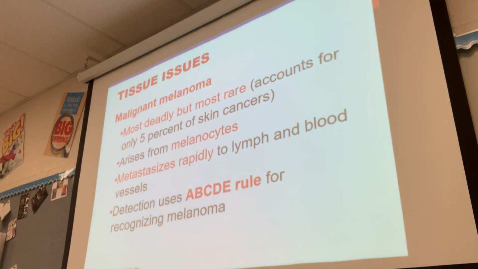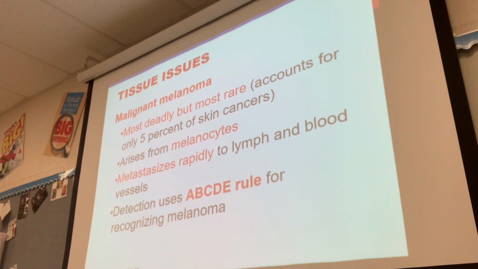Malignant melanoma is, of course, the most deadly, but it's also the most rare. It only accounts for about 5% of skin cancers overall. It arises from the melanocytes, which is how it gets its name melanoma, and it metastasizes very rapidly.